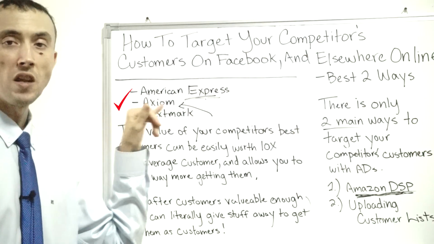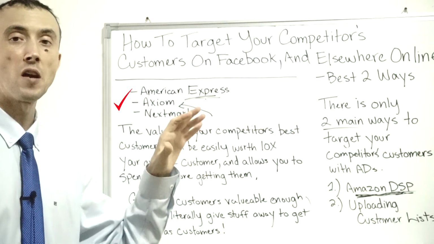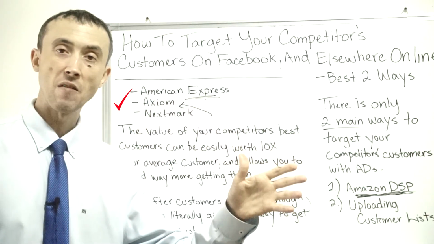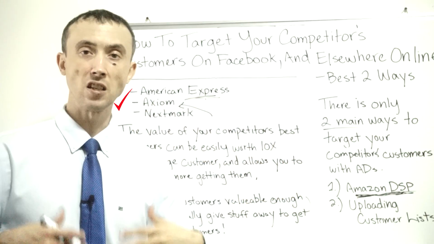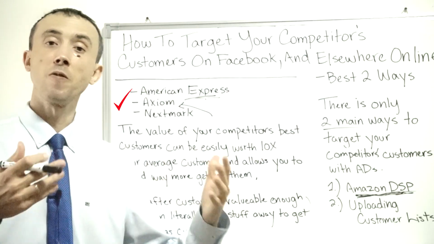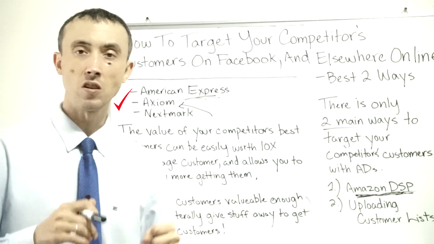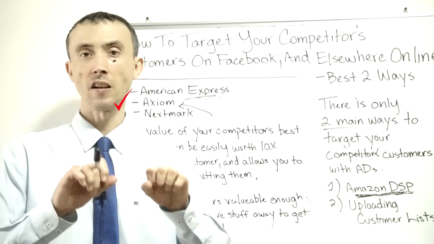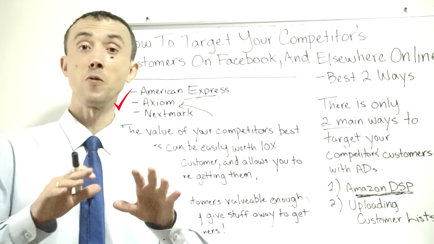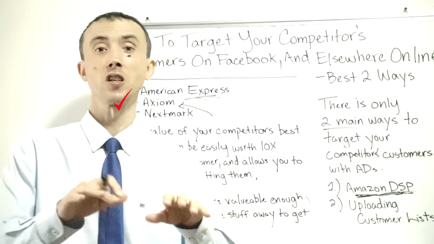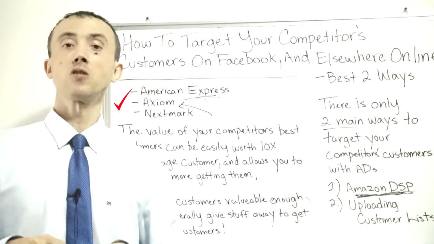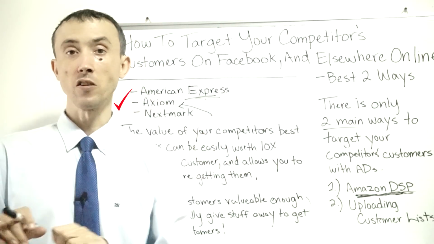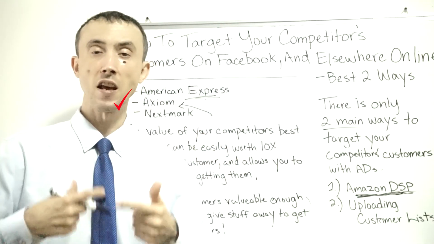You can go to Nextmark mailing list. If you type in Nextmark mailing list in Google, you can find it. It's basically another data broker which has access to customer data lists. If you're in a fairly big niche, such as equestrian product customers, and you sell equestrian products and want to steal your competitors' customers, you would type in equestrian product buyers into the search engine over at Nextmark mailing list.